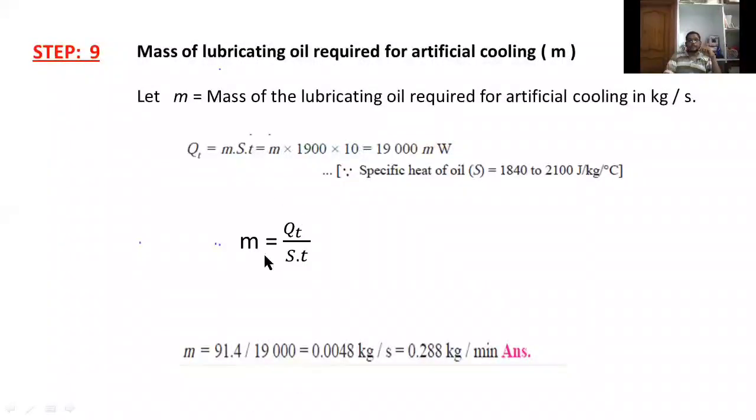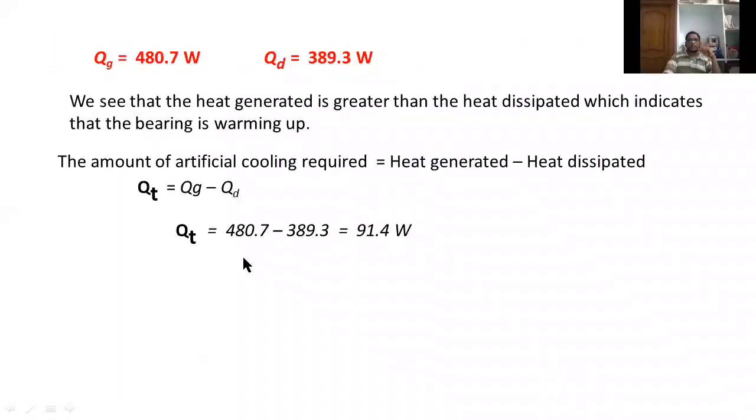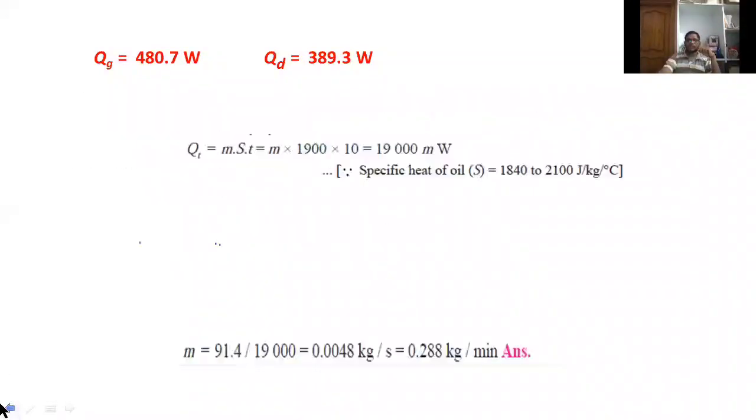The formula for mass equals Qt by St. Already in the previous step we got the value of Qt. Here the value of Qt equals 91.4 watts. So you have to substitute that value of Qt.